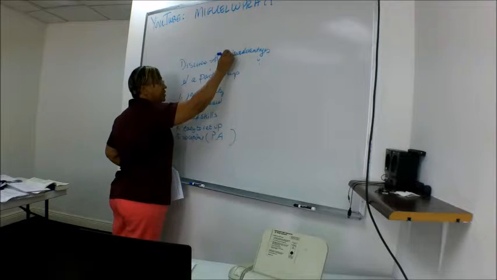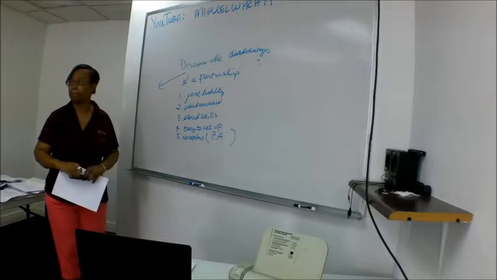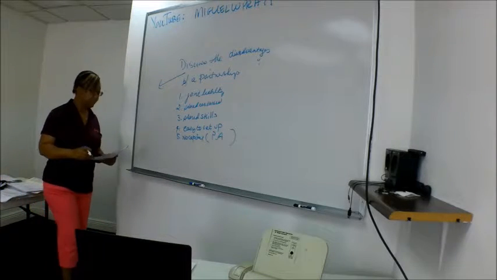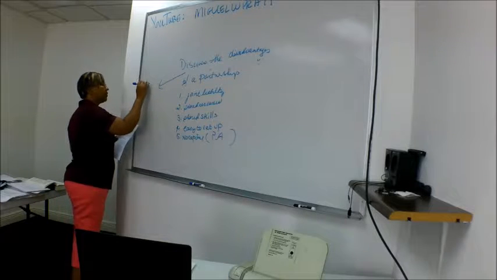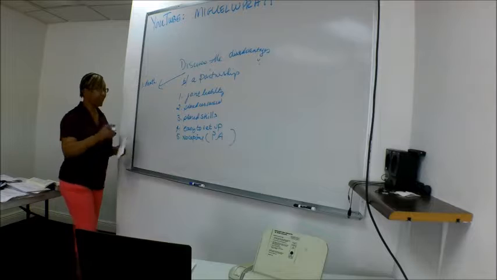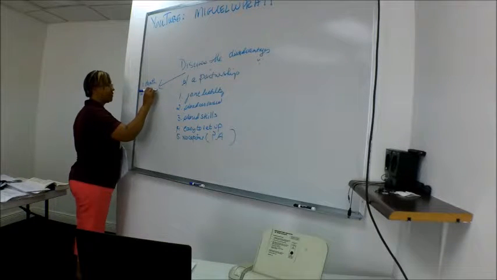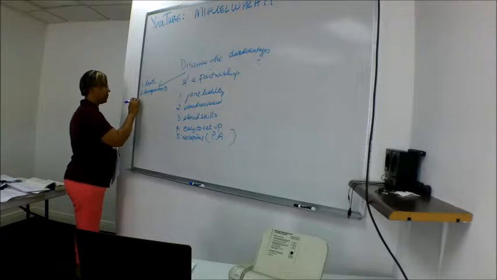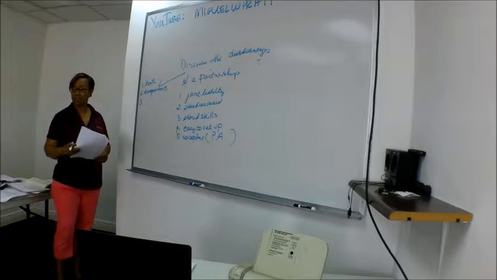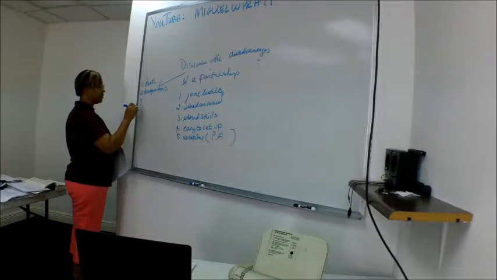So I put the dis in the front. What are the disadvantages of a partnership? Debt. Disagreements. Yes. Joint assets. What is the second one? Disagreements. Okay.